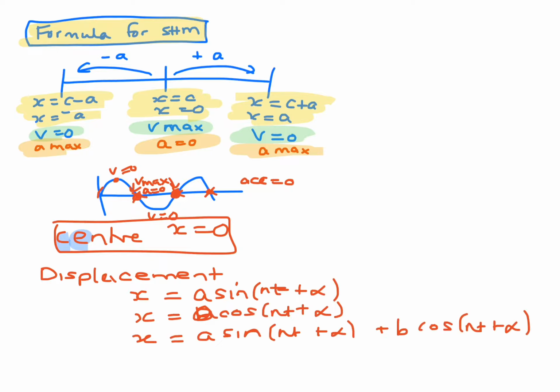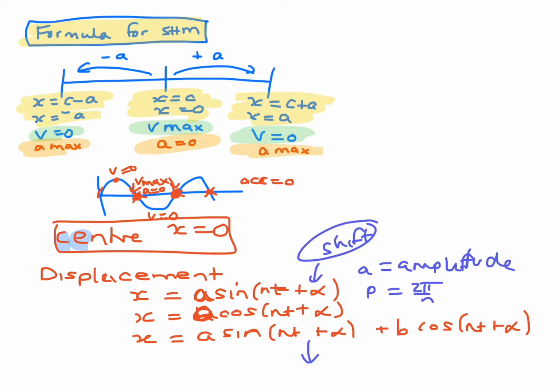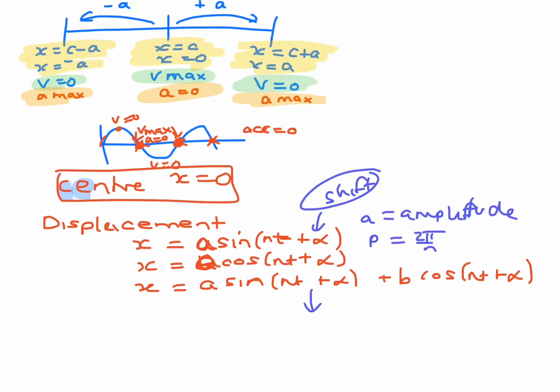So that's a sin(nt + alpha), a cos(nt + alpha), or a combination of the two. And just note, the a in these is the amplitude, and the period is 2 pi over n. The alpha just shifts it to the left or the right, but it doesn't affect its period or its amplitude, it's just a horizontal shift.